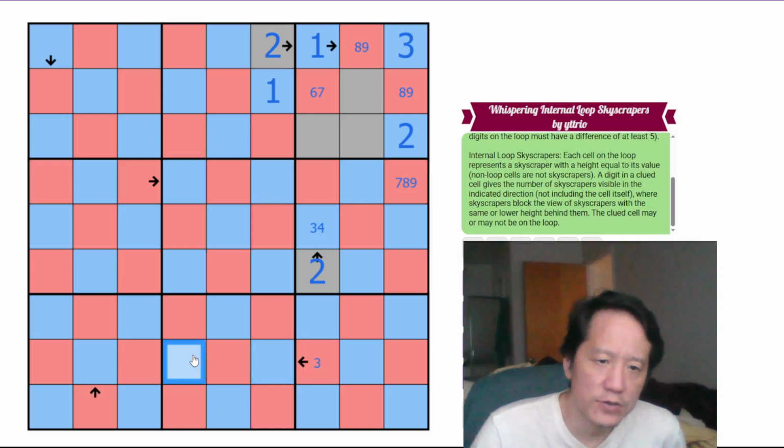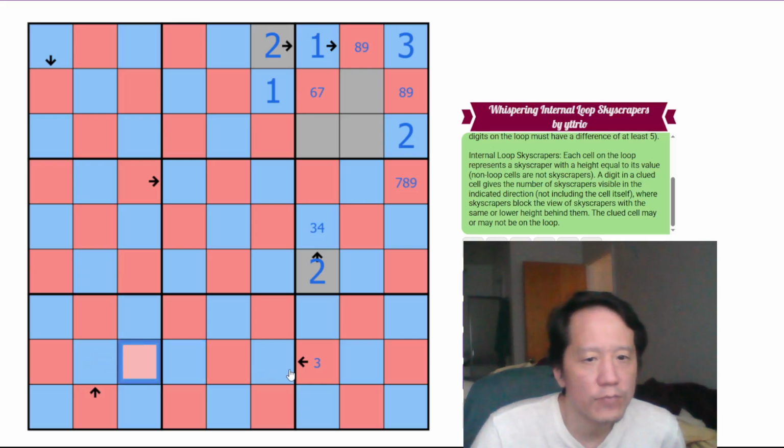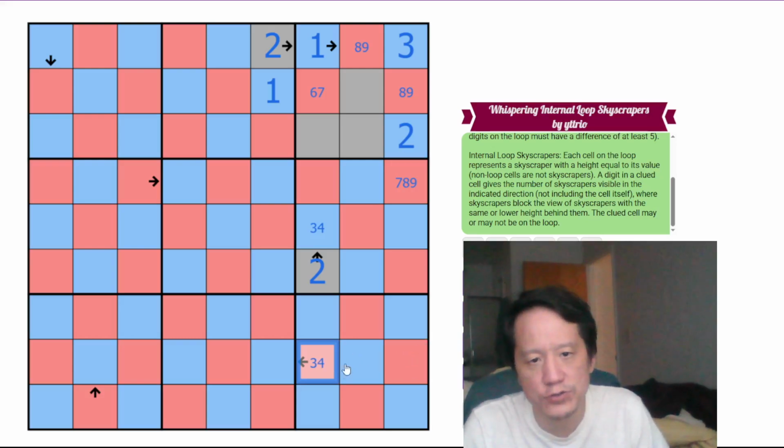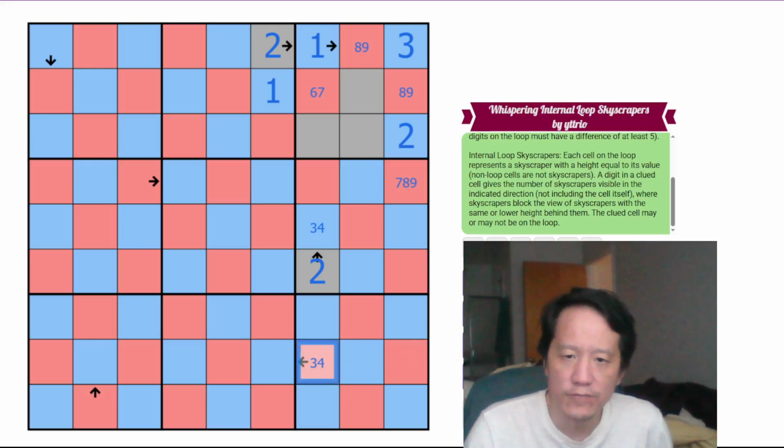If it sees low, low, high, well, I think it can only be 3 or 4 here, right? If it sees low, low, low, and high, that's 4. But if it sees low, low, then high here, it can only see another high here. If it sees low, high, it would see high, high here. So this is 3 or 4 also, and therefore cannot be part of the loop. Because it would have to be high if it's part of the loop.